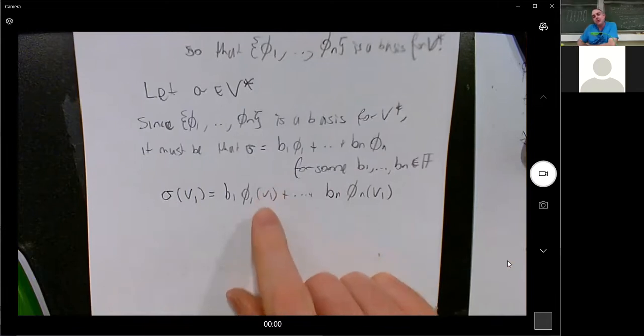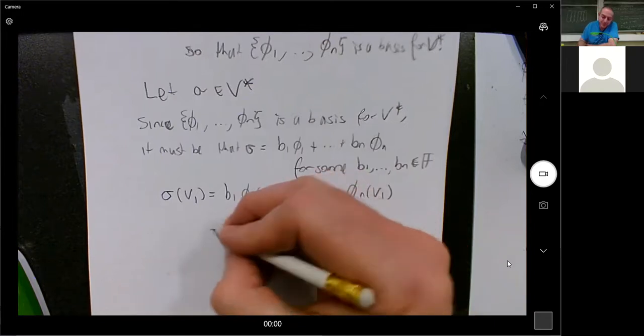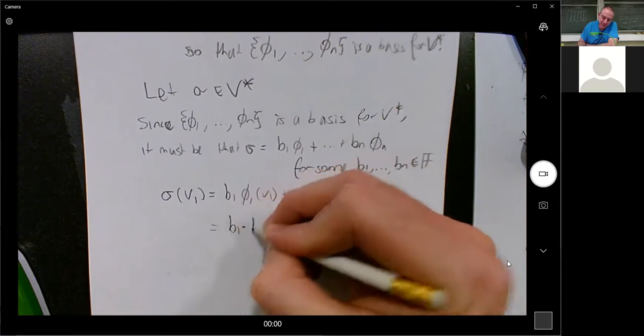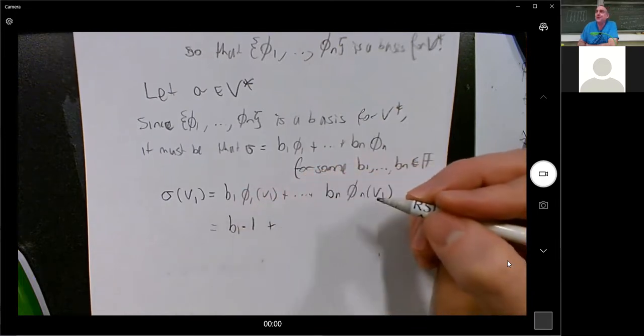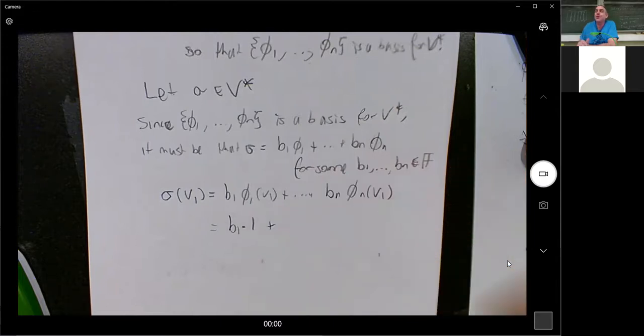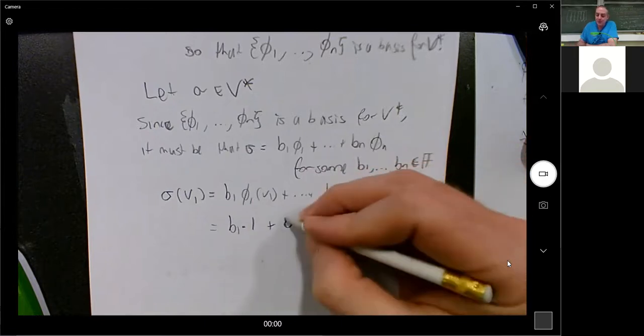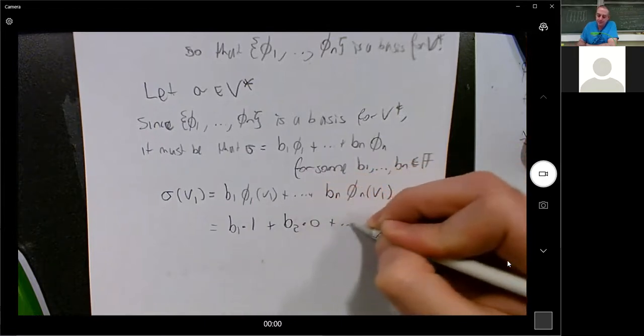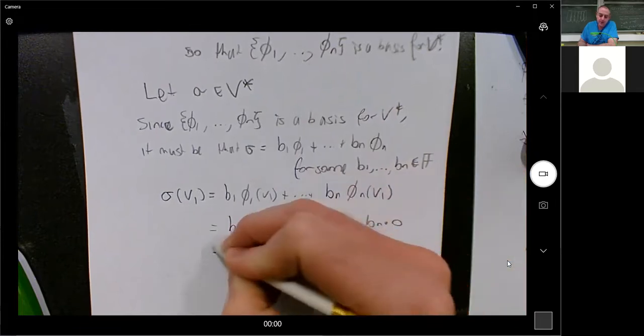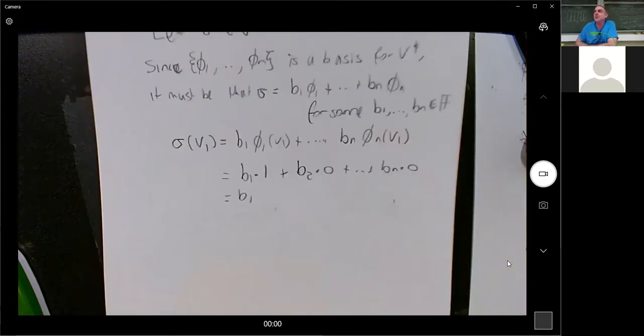And phi 1 of V1 is the coefficient of V1, which is 1. And phi 2 of V1 is the coefficient of V2, and V1 doesn't have a V2, so that coefficient is 0. And so I get B1, and therefore B1 is sigma of V1. And similarly for all the other ones.